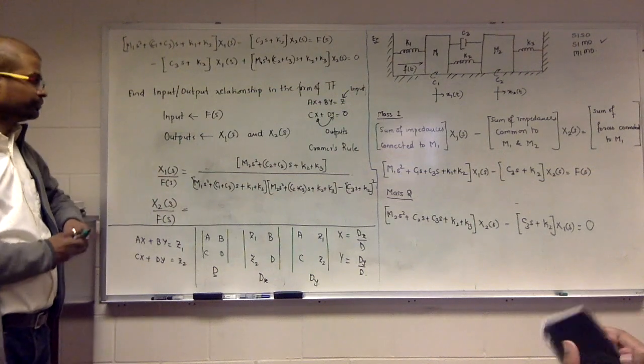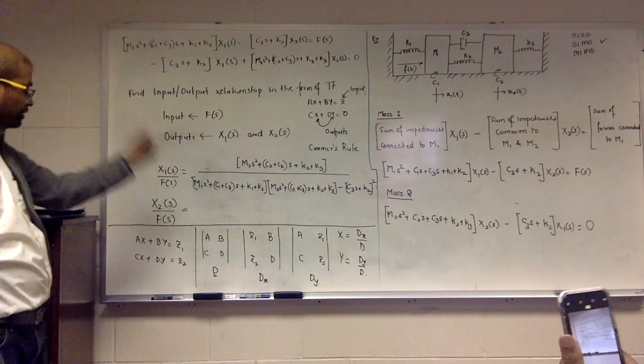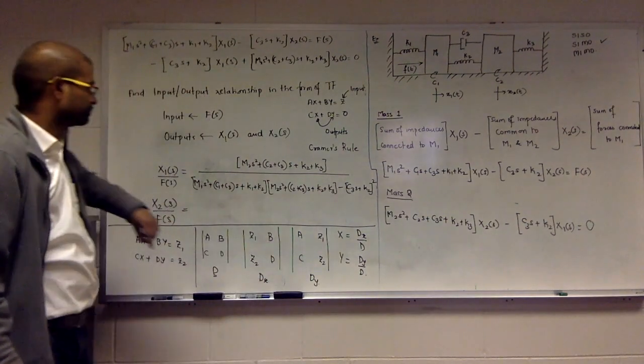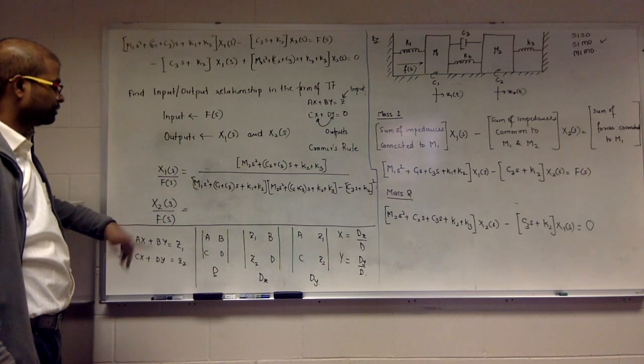So you can do the same thing here. Here it will be Dy. And if you have three equations, you do the same pattern, it's just a slightly bigger pattern.